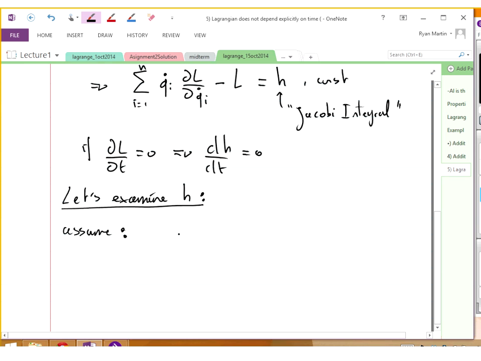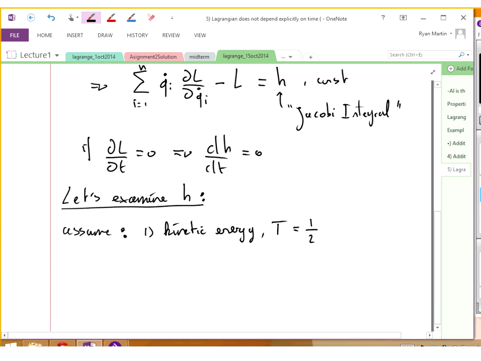We'll assume, number 1, that the kinetic energy T is what we call quadratic in the velocities.